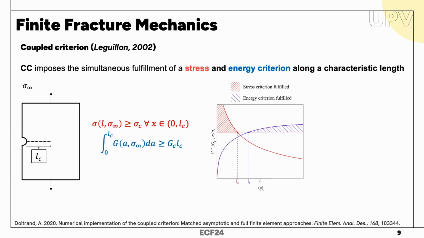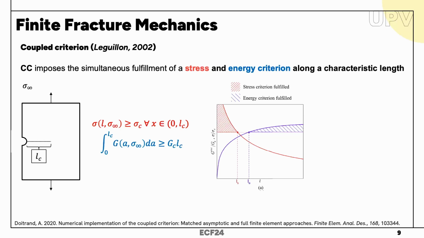And then we have the energy criterion. The energy criterion is an interpretation of Griffith's principle, but incrementally. In this way, you need to have enough energy to create a crack along the characteristic length. In this case, you use the incremental energy release rate, and you have this inequality.